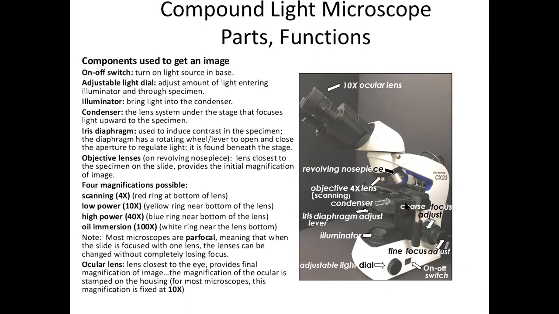Likewise, if you're looking through the 40x objective lens, don't forget about this 10x ocular lens, so your total magnification is 400 times. So with these microscopes, the maximum magnification you can achieve is 1000x.